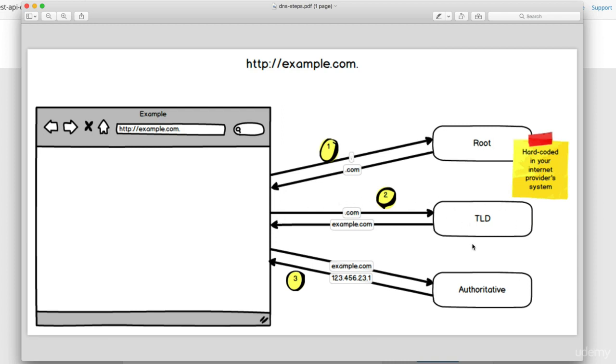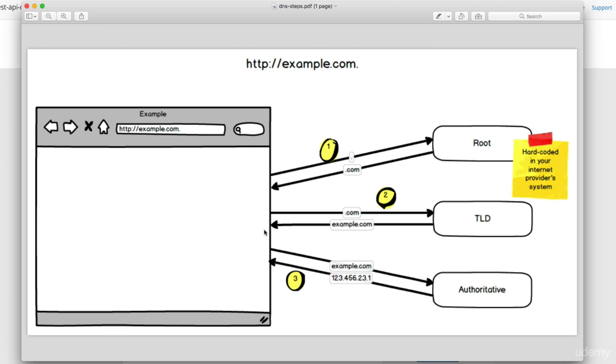These are TLD servers, and these are also managed by specific organizations. I think VeriSign is one of the organizations that manages the .com domains. And it asks, okay, do you know anything about example.com's IP address? What's the IP address of example.com? And this TLD server will say, I don't know the IP address of example.com, but I know the IP address of the server that knows the IP address of example.com.